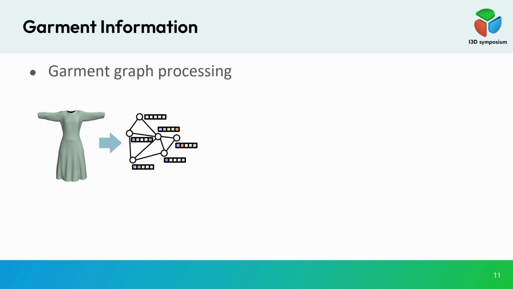Our objects of deformation are 3D garments, which are inherently complex because of their varied shapes and structures. To handle this complexity, we construct a graph for the garment mesh.